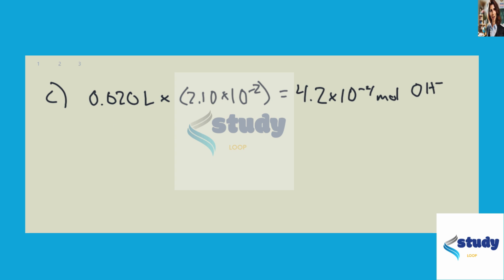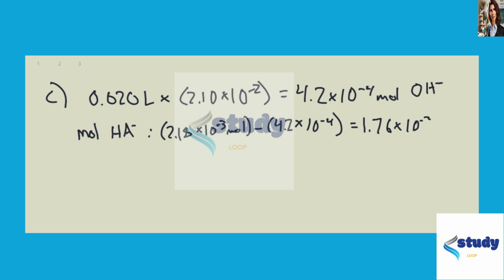So we can do something similar to what we did for part B. We subtract the acid, which in this case will be HA minus. So at the first equivalence point, we used up all the H2A and everything is HA minus. So that's now become the acid, or the most acidic species in the solution. At the equivalence point, we had 2.18 times 10 to the minus 3 moles of this species, and we can now subtract the amount of base that we calculated above and get 1.76 times 10 to the minus 3.